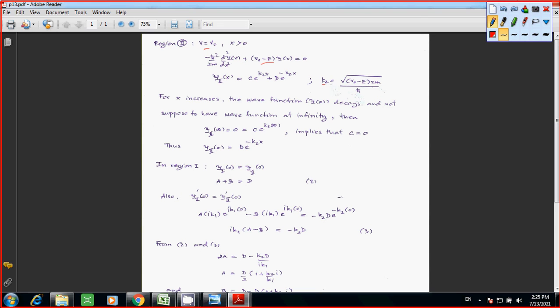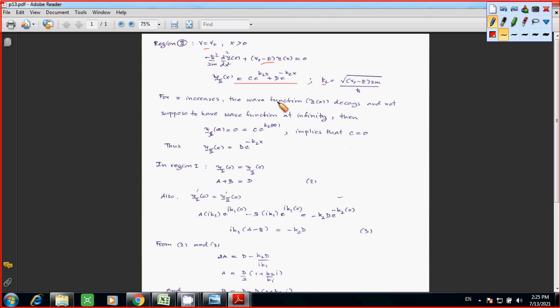Now this term is very important to be considered in the case of arbitrary E, or the electron energy. But let's consider the first solution first, the solution in region number 2 for V equal to V0.